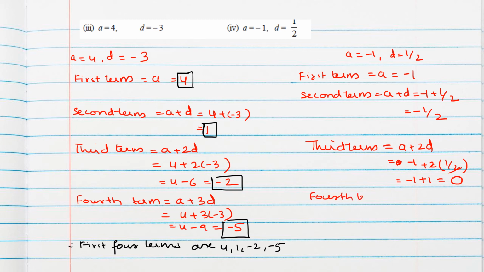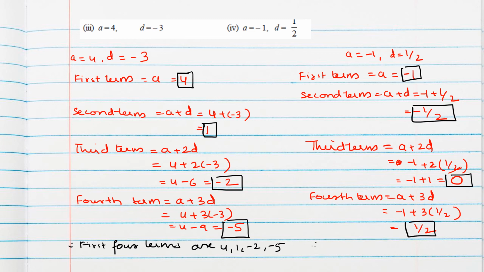And the fourth term will be A plus 3D. So minus 1 plus 3 into 1 by 2, which will give positive half. So these are the first four terms: minus 1, minus half, 0 and positive half. Therefore, the first four terms are minus 1, minus 1 by 2, 0 and 1 by 2.